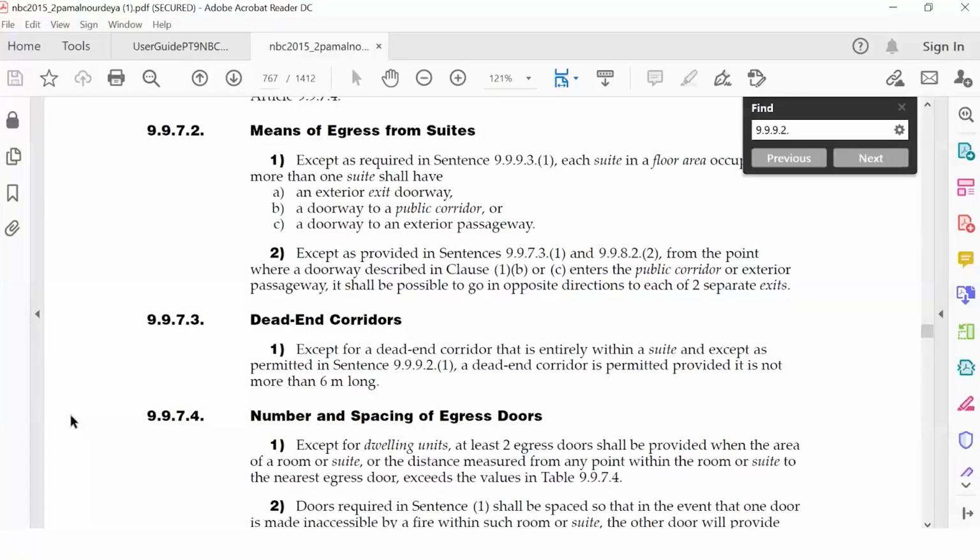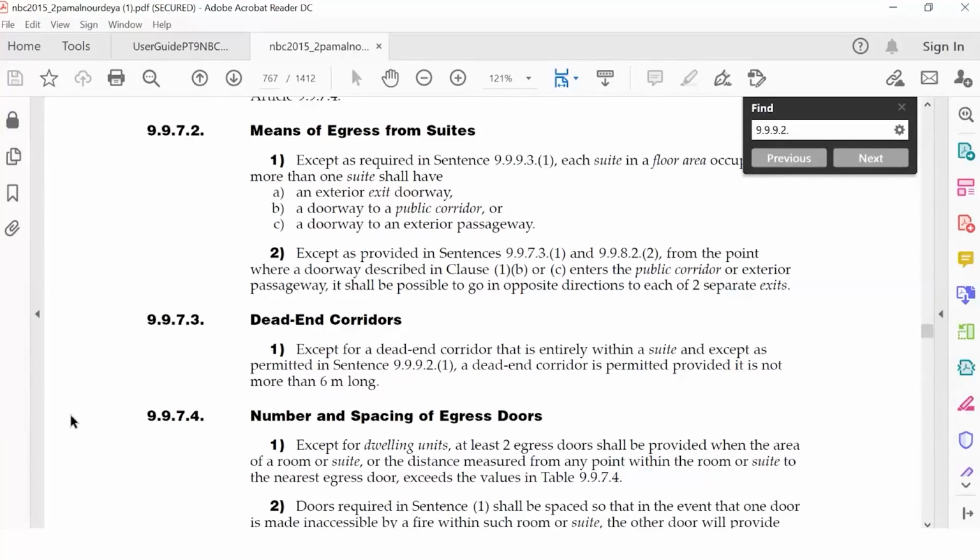And if it's not within a suite, it has to be 6 meters, except as permitted in 9.9.9.2.1, where you have a corridor servicing multiple suites, and each suite that is serviced by that corridor might have a dead end. There's no limit on it. However, each suite has independent access to an exit.